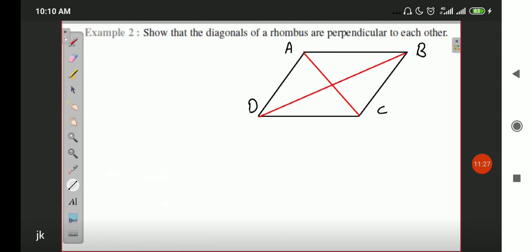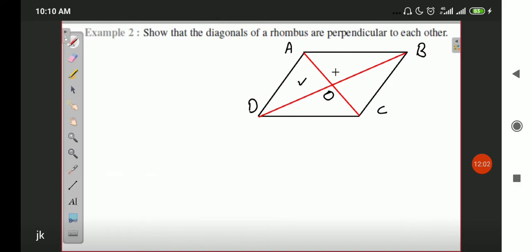We need to prove that the angles at point O are all 90 degrees. Now, in order to show that the angles at point O are 90 degrees, I am going to prove that adjacent triangles in this rhombus are congruent. So what are the adjacent triangles in this rhombus?